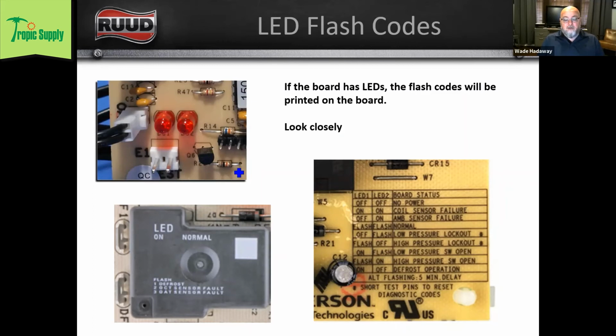Now, if it's run for 6 hours and it hasn't defrosted, it's going to go into defrost just to make sure, right? It's setting a benchmark. It's going to go into defrost after 6 hours of runtime at 35 degrees or lower, just to make sure there's not a problem.